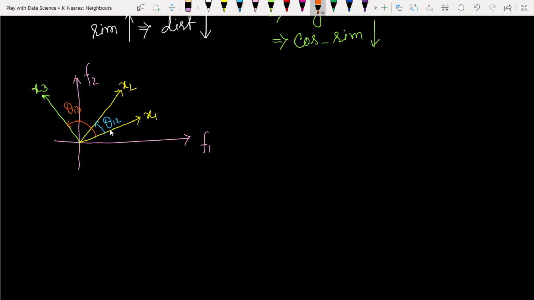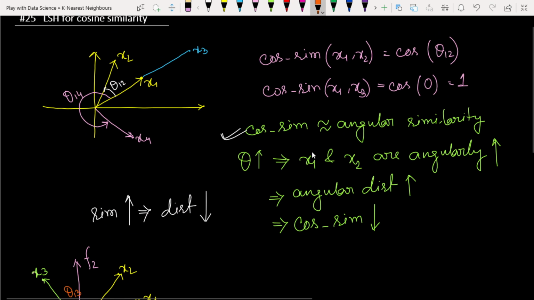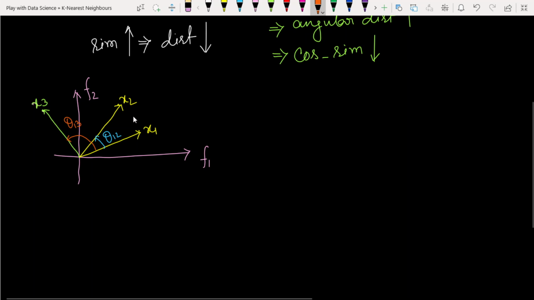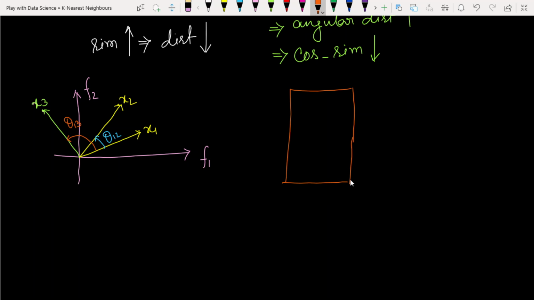If the angular distance is increased, the cosine similarity decreases. So in such a scenario, what will our hash value be? Let's recap this. Hashing is like a table. In one column we store the key and in another column we store its corresponding value.